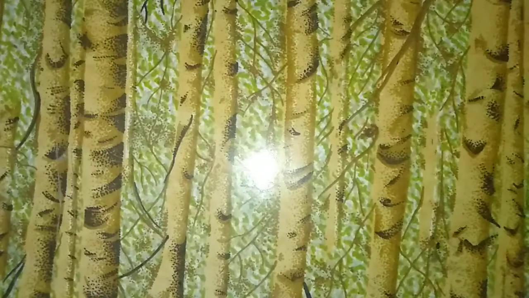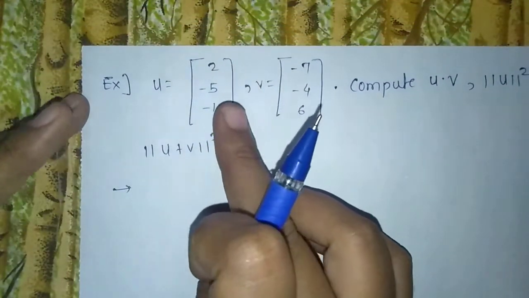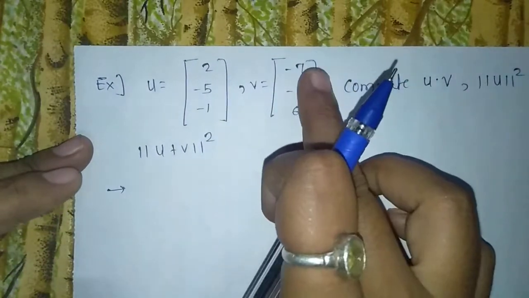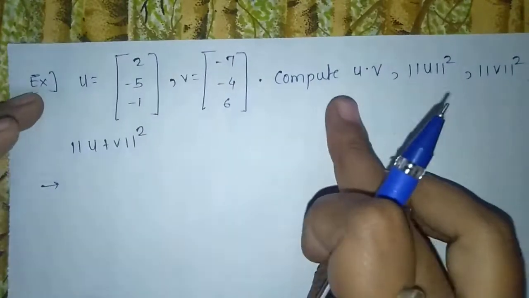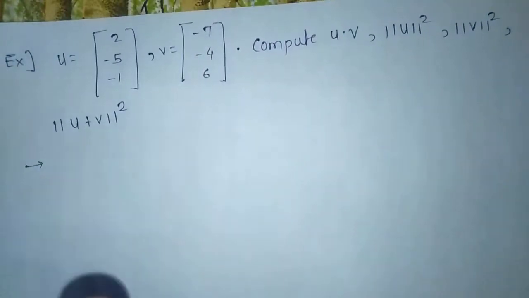Now next example: u = (2, -5, -1), v = (-7, -4, 6). Compute u dot v, norm u squared, norm v squared, and norm of u plus v squared.